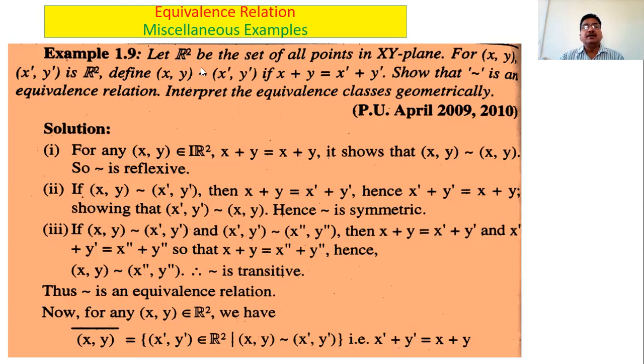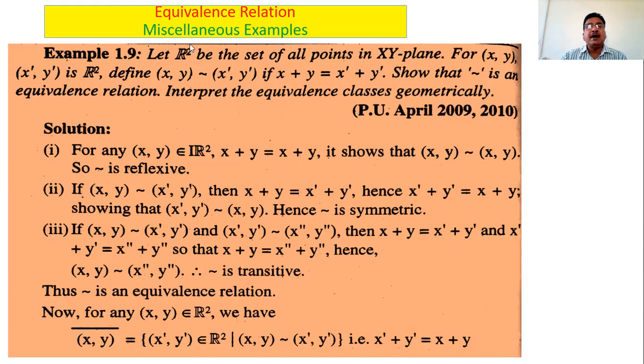R raised to 2 is the given set, and this wiggle is the notation for the relation, instead of capital R or other notations. So (x, y) is related to (x', y'), where these are any two elements of R2, when x plus y is equal to x' plus y'.